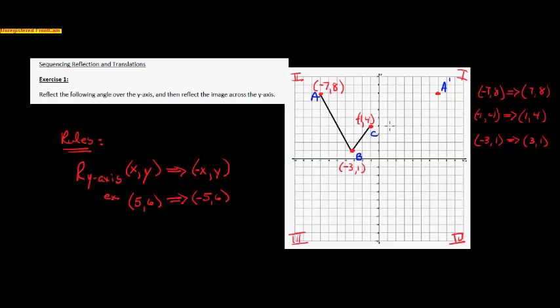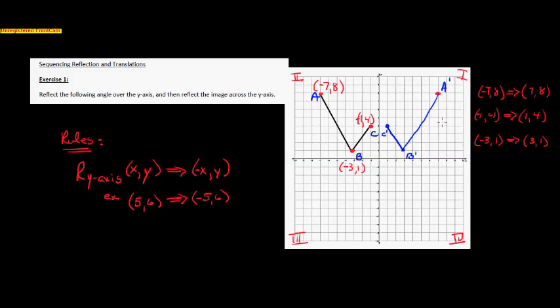So that is right here, and that is the image of C. So this is C prime, and this last one here is going to be over at 3, 1. And that is going to be B prime. So I can again try to draw a real straight line here, do the best I can, and connect. Oops, going a little bit off there. Alright, so I can connect there.